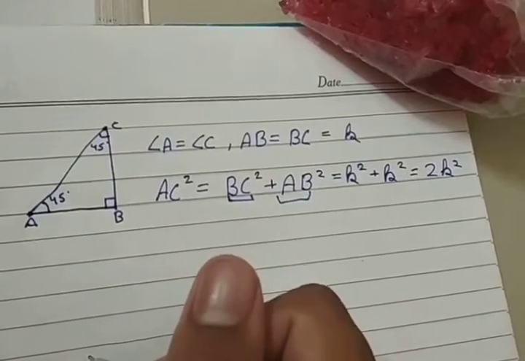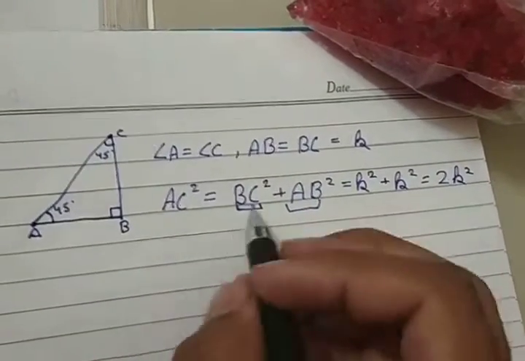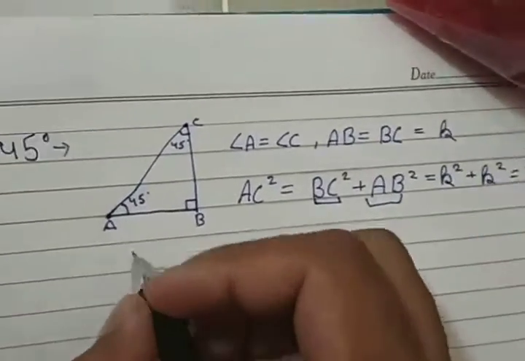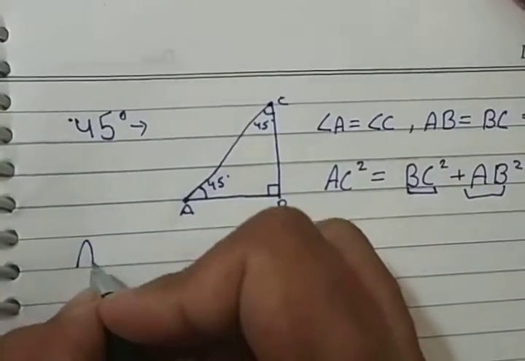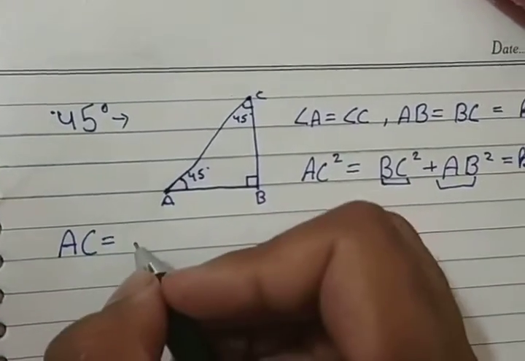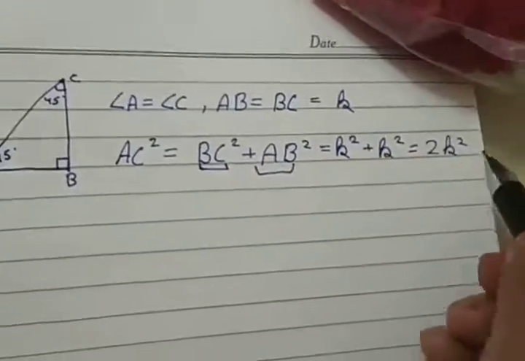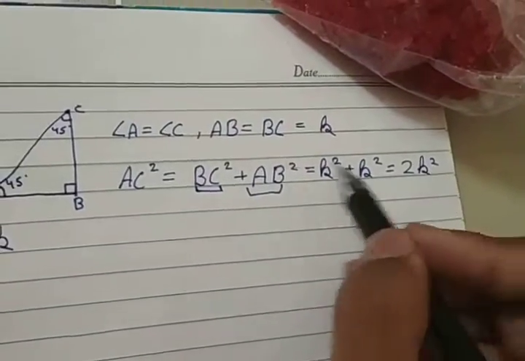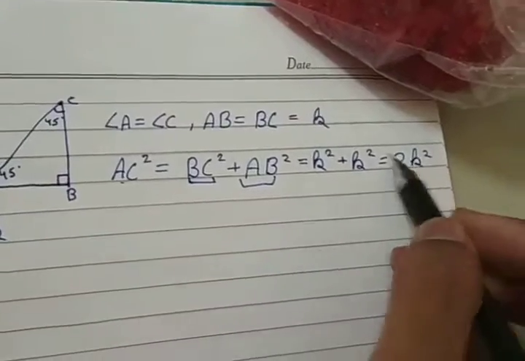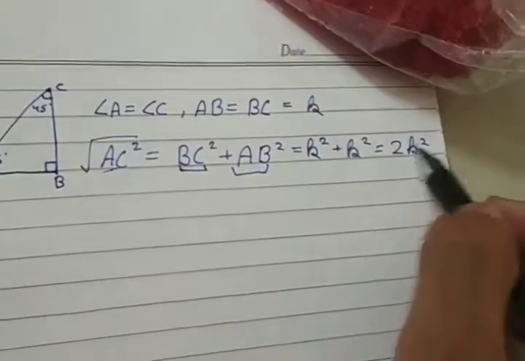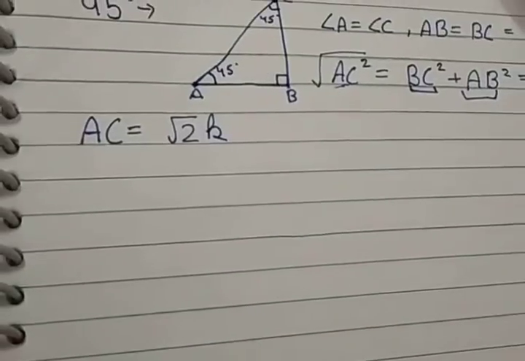And if AC square is equal to 2K square, then what would AC be equal to? Of course AC would be equal to root 2 K. Why is that? Because AC square was equal to 2K square, and if we take the root of AC square, then we must also take the root of 2K square.